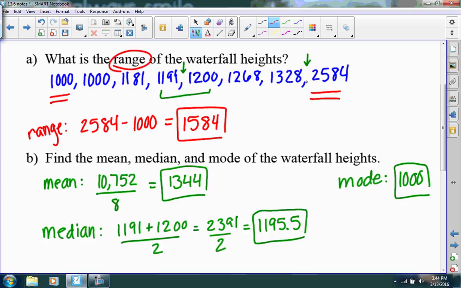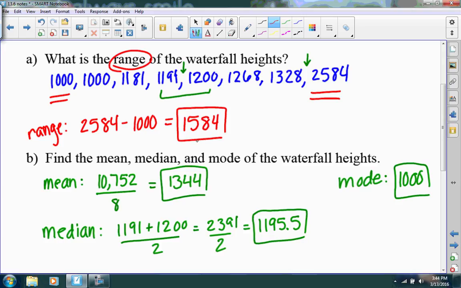So that's kind of at the high end. My mean is definitely at the high end, but my median is right in the middle, and it's close to a lot of the other values. I have some 11s, I have some 12s, and that's kind of close to an 11 and a 1,200. But the 13 is pretty large, and the 15 is definitely larger than most of my numbers.